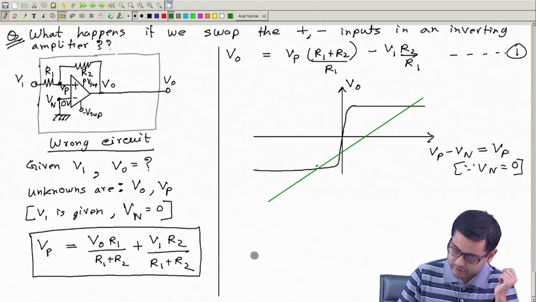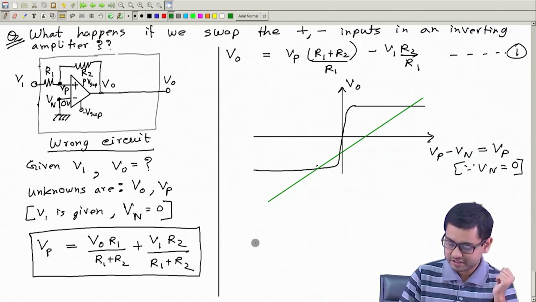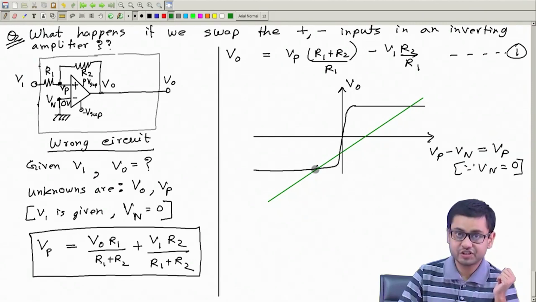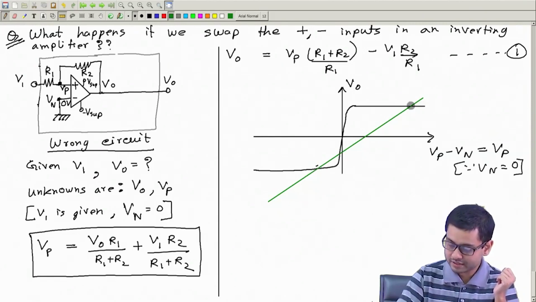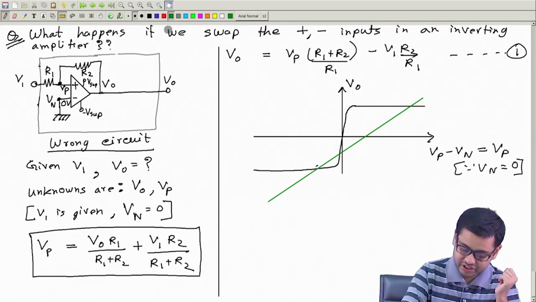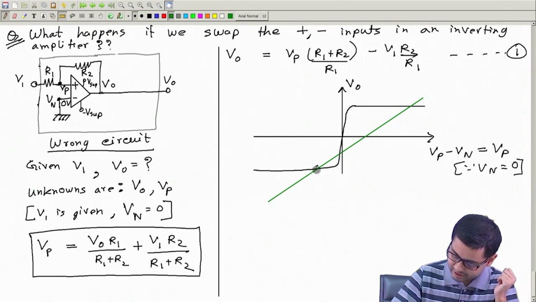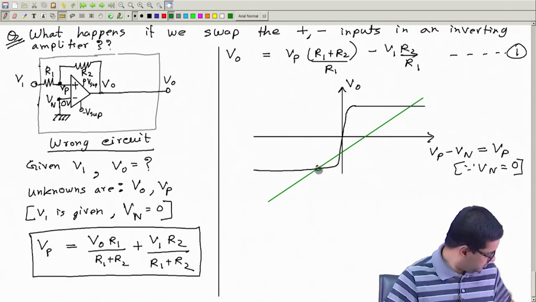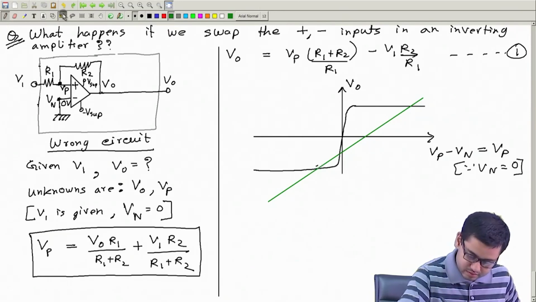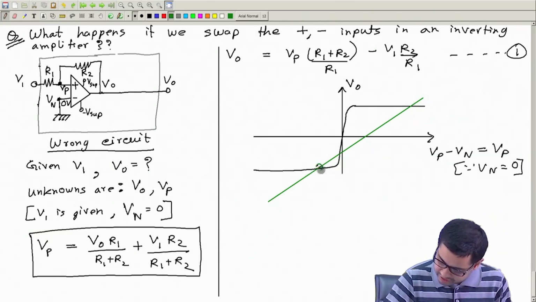So now what will be the solution? You see, these two curves intersect at 3 points, 1, 2, 3. That means there are possibly 3 solutions. This is one solution, this is another solution, and this is another solution.